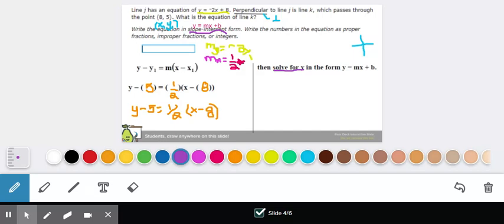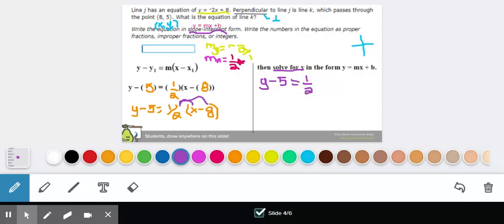So remember, when I'm solving for y, very first thing I'm going to look for is if I can distribute. I can distribute because I have a number outside of some parentheses. So I'm going to distribute my 1/2 to my x and to my -8. Remember, when I'm distributing, I am multiplying. Nothing changes on my y minus 5 side of my equation. So I'm going to go ahead and write y minus 5 equals 1/2. 1/2 times x is 1/2 x.